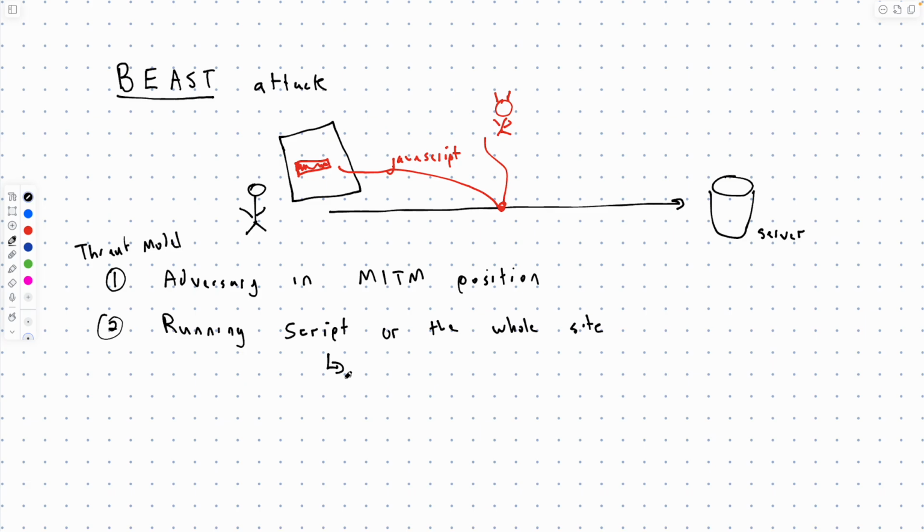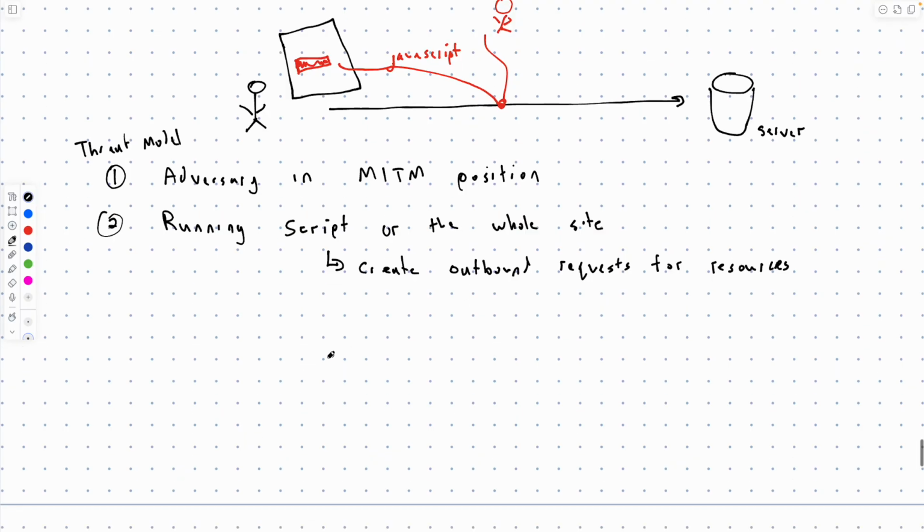So it can create outbound requests for resources. Resources are just like websites: give me index.html, give me logo.jpg, or whatever.